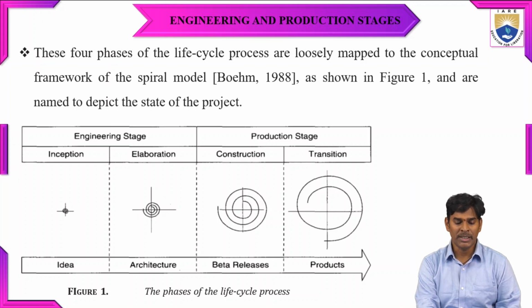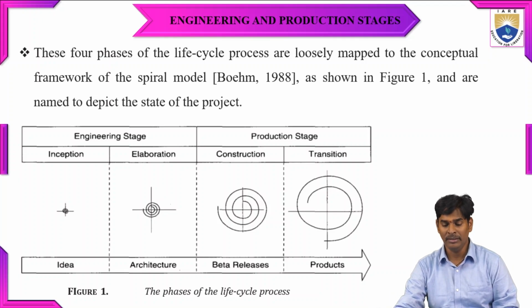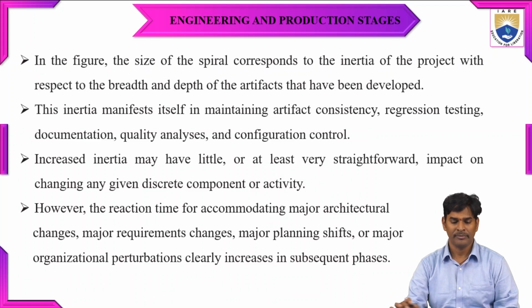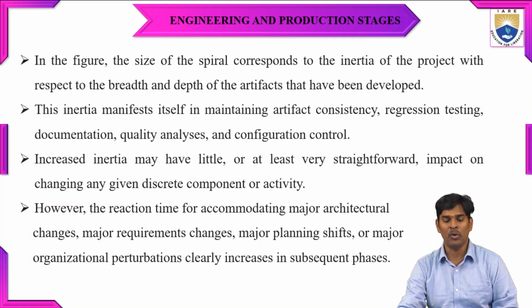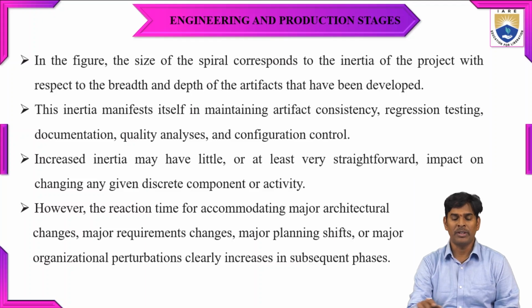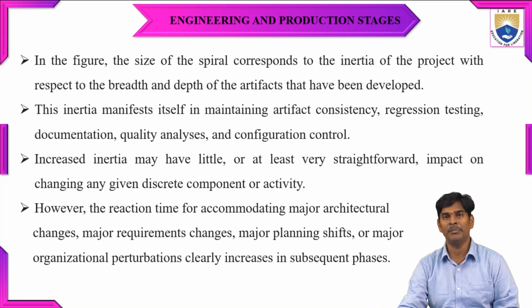So if you are seeing from the inception to the transition, the spiral will be incremental, meaning the size will increase in the circular form here. The spiral corresponds to the inertia of the project with respect to breadth and depth. Based upon the inception or the transition, the size will differ, and this must maintain the consistency.